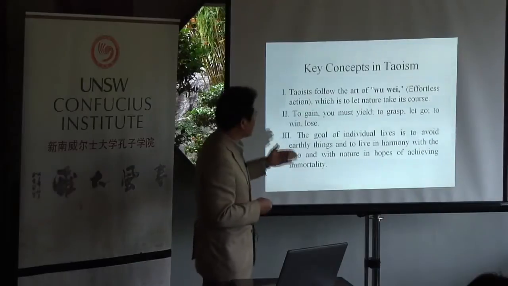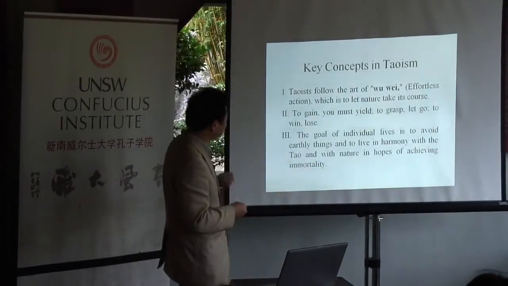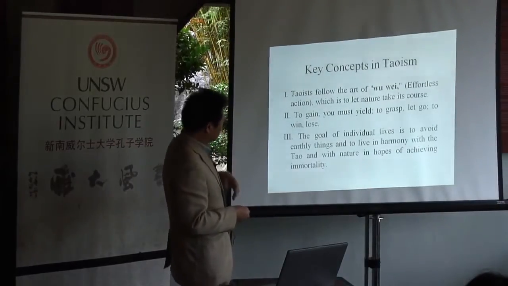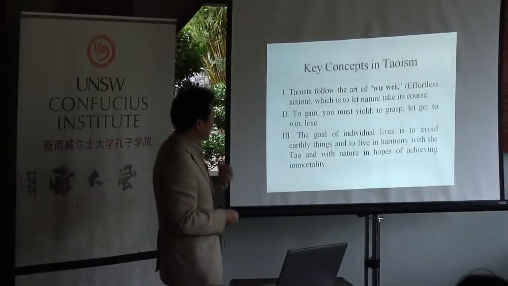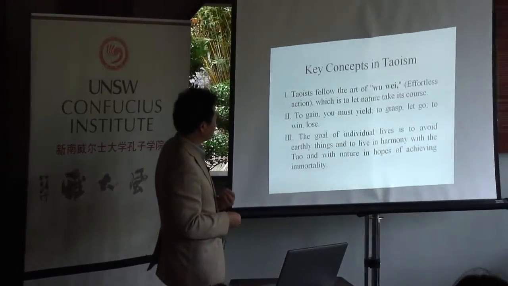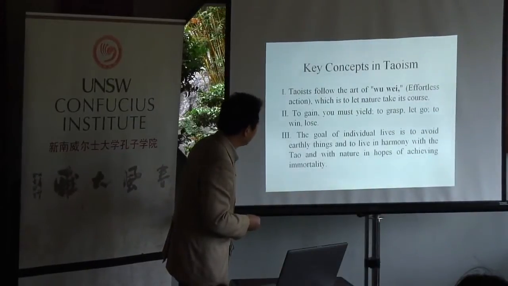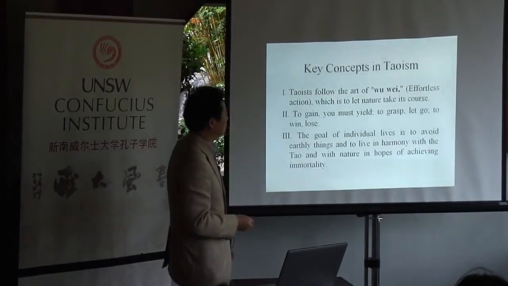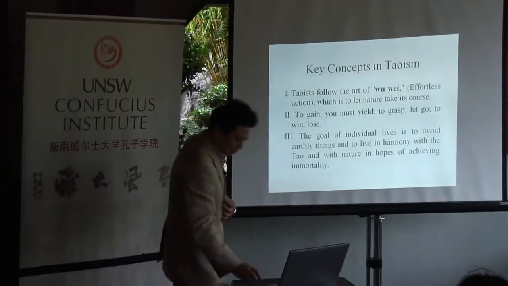To gain, you must yield. To grasp, let go. To win, lose. The goal of individual lives is to avoid earthly sins and to live in harmony with the Tao and with nature, in hopes of achieving immortality.